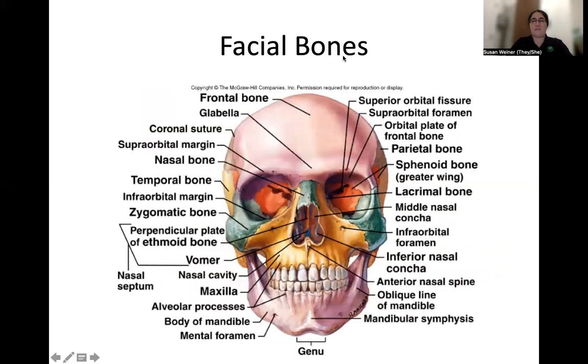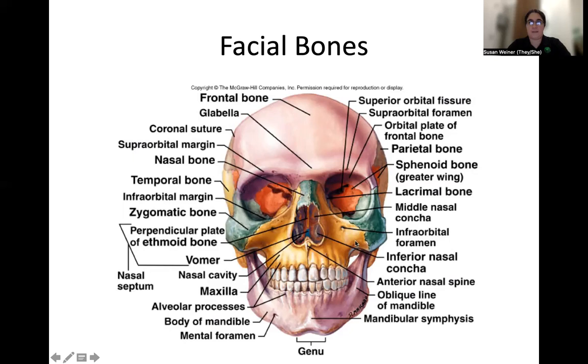So then that sort of takes us to the facial bones as a whole. So we can see some of the bones we've already discussed, the frontal bone, and the temporal bone. There's the zygomatic bone with the cheeks here. We have the vomer, the central bone in your nose.